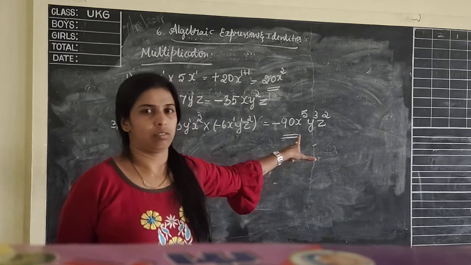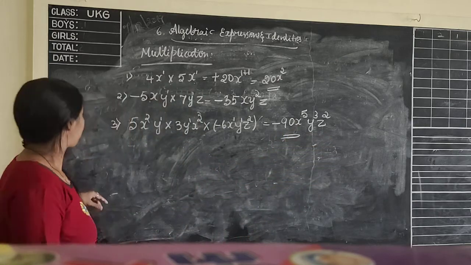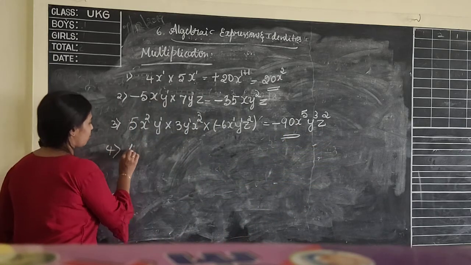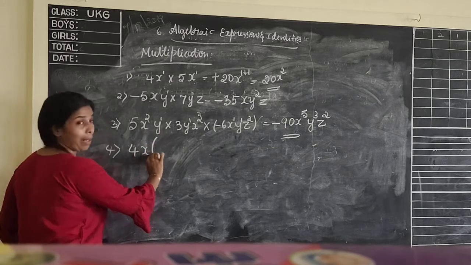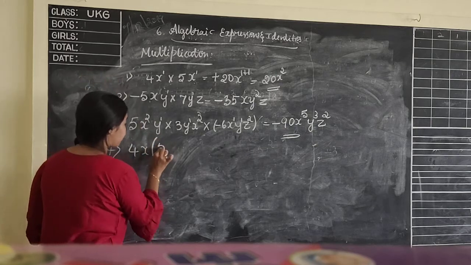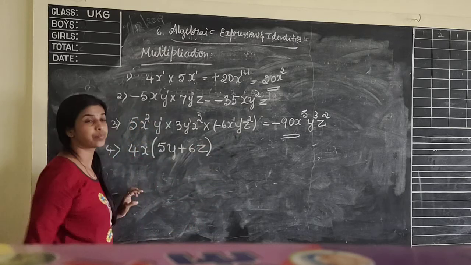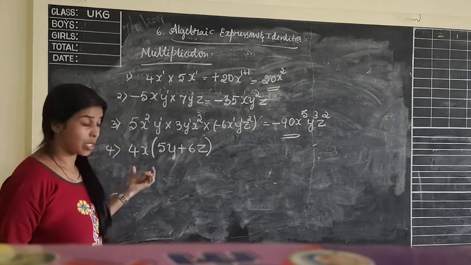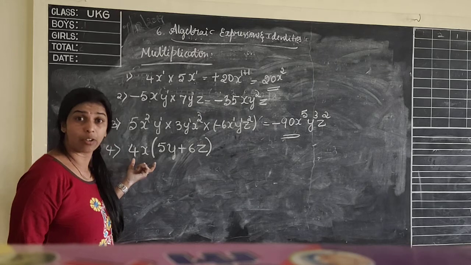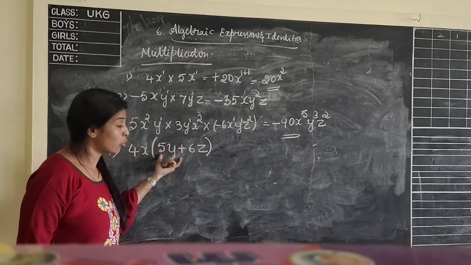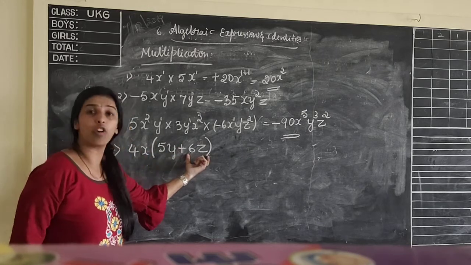This is for monomials. Now binomial comes, means 4x in the bracket. What it says means what is there outside the bracket, from that, this also will multiply and this also will multiply.